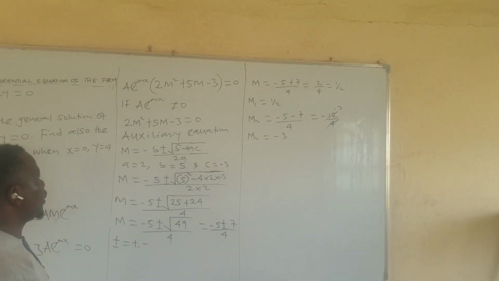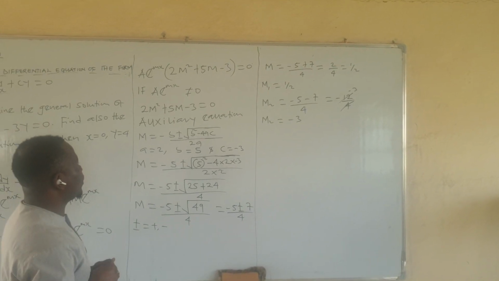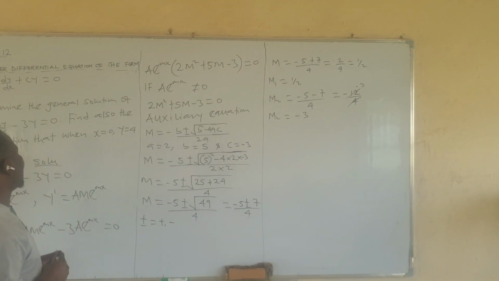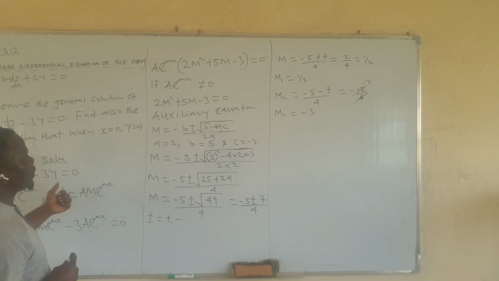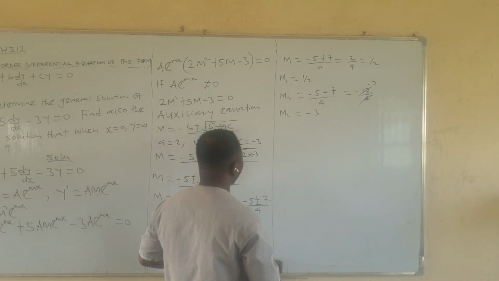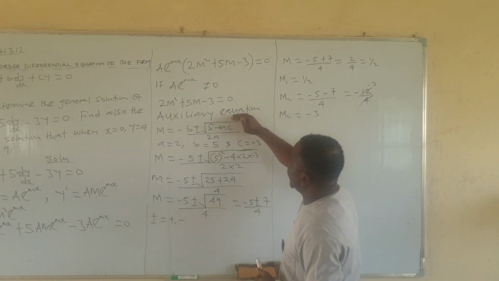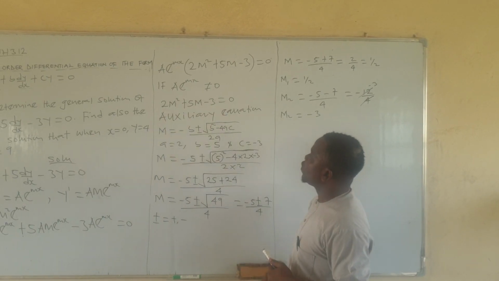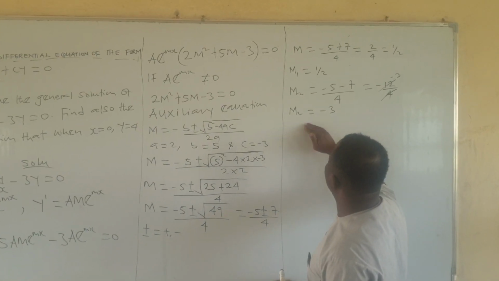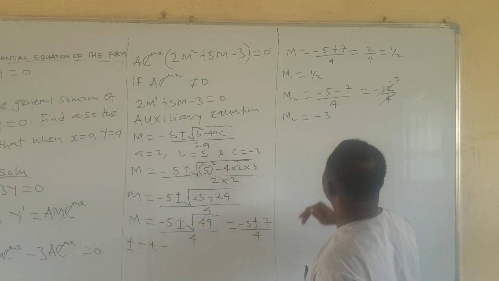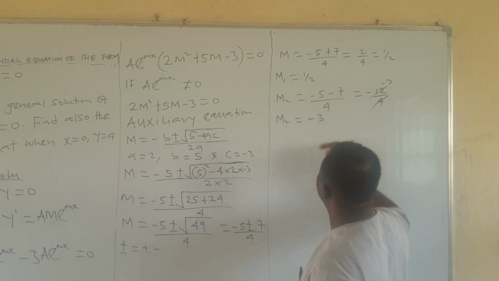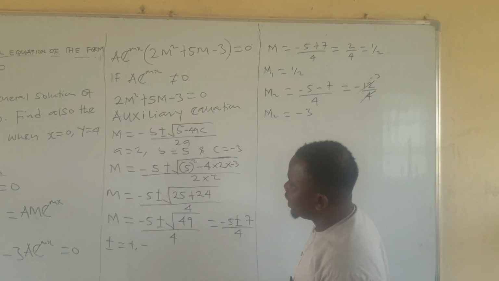Okay. So now our general solution will be, we know that the roots of the auxiliary equation, which is this equation, are real and different roots. Is that clear?